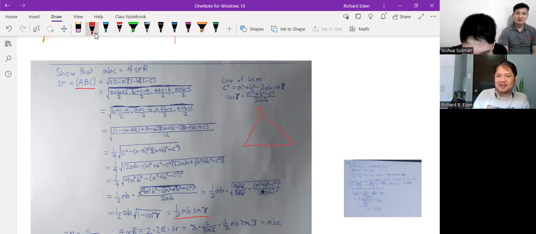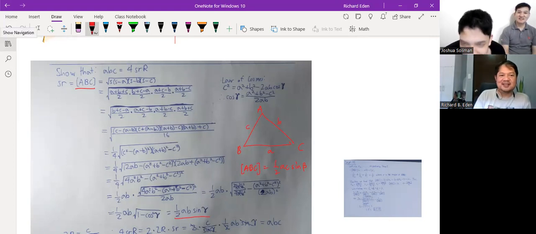Let's say you have A, B, C. This is A, this is B, this is C. So the area equals half. You take the product of any of the two sides, AC, multiplied by the sine of the angle between them. What? I forgot. Yes.